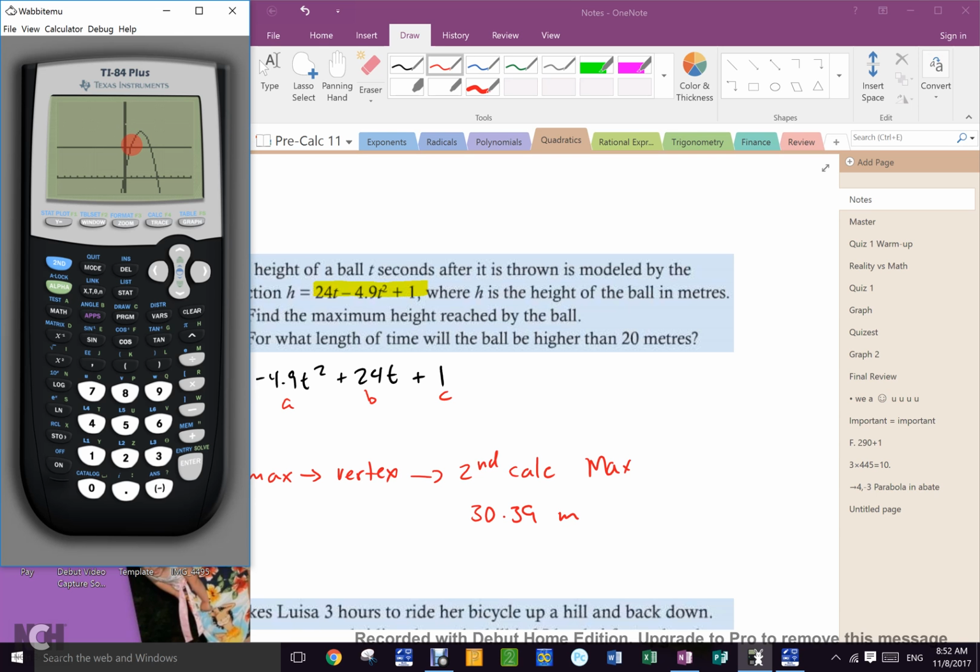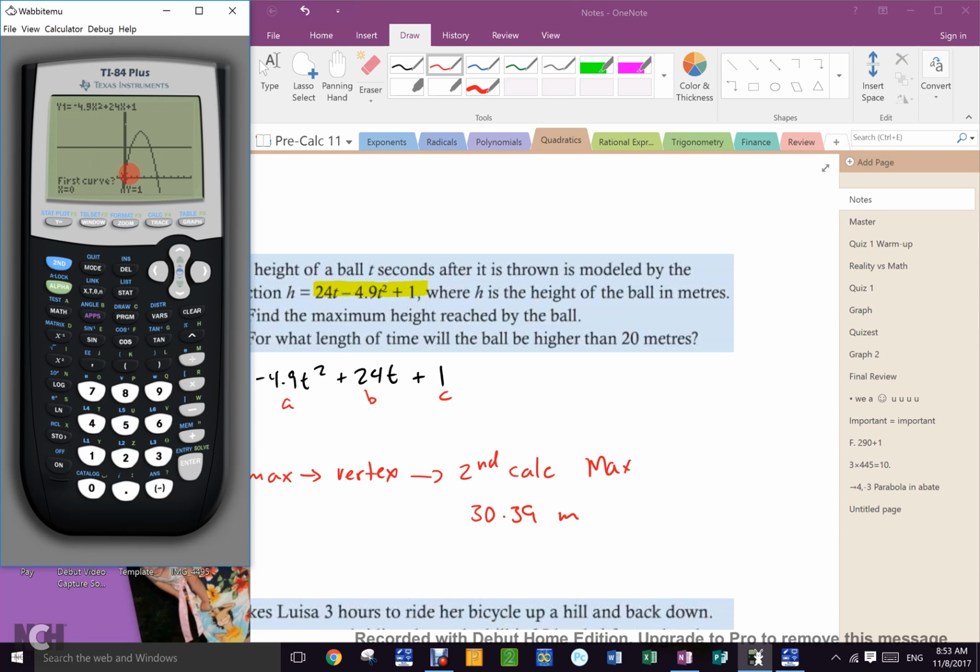So if I know this point and this point, do I know? So we're going to ask our calculator to do some calculations for us, aren't we? So we're going to go second, calc. Now what do you think we need? It's one we haven't used yet. Intersect. Look at you, Sophie. You're like Sherlock Holmes. 5.